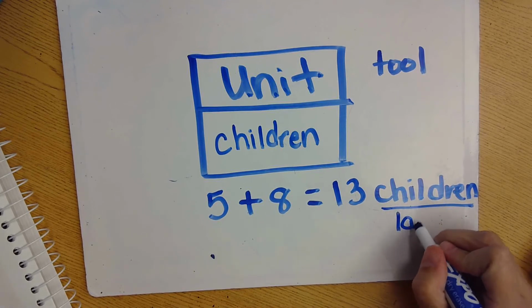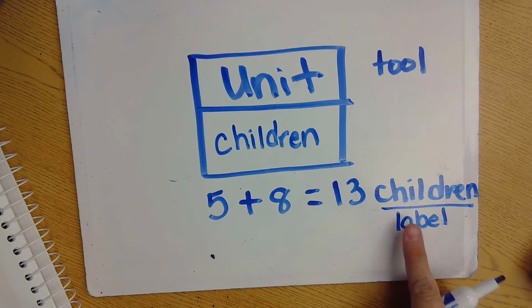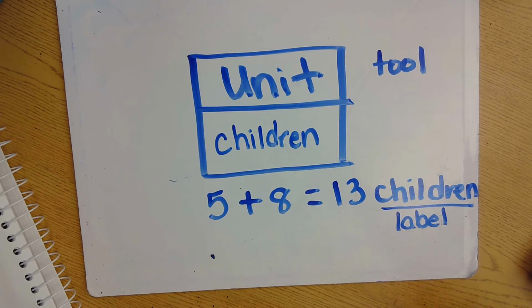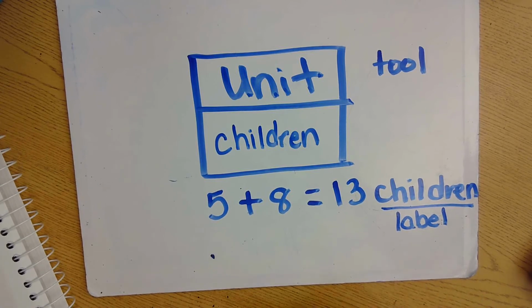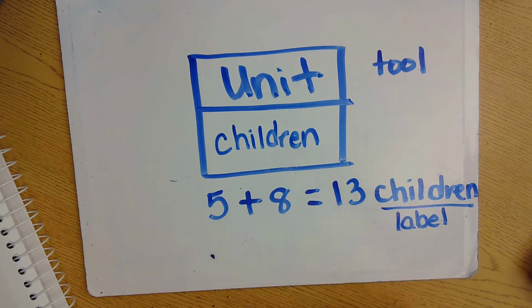Children is the label. We don't have to write the word label, but we know that our problem we just did was about how many children in all. So I include the word that is in my unit box as a label. The unit box itself contains the label.